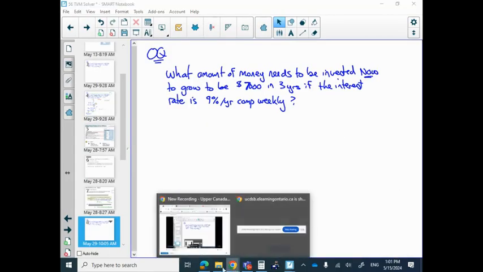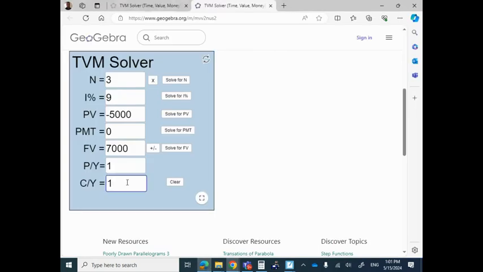So I have to go in and make this be compounding weekly, which is 52. We don't have payment, so it's 0, and the payments per year can just stay as a 1. I think because payment's 0, you can put any number you want, but just 1, I guess. And we can solve for that principal value. Okay, so if we put in $5,344.90, it would grow to be $7,000.